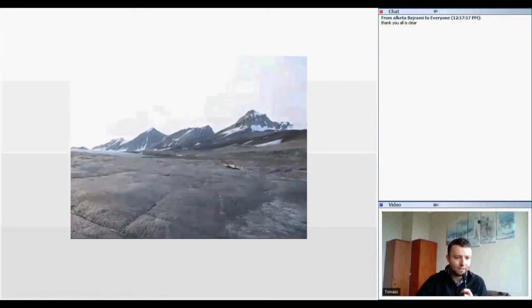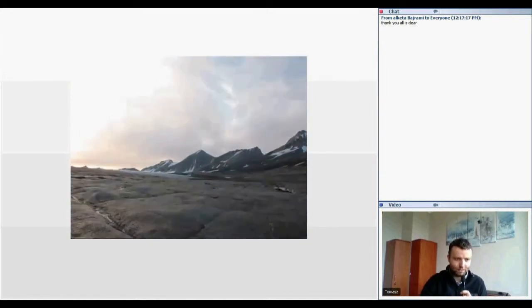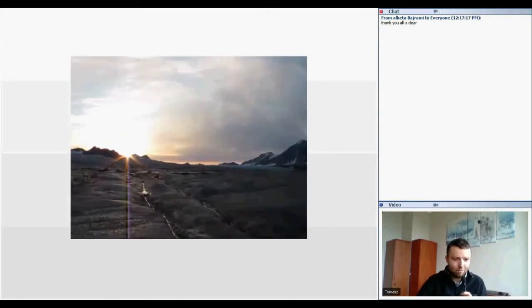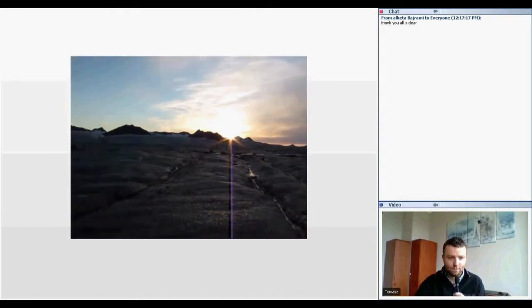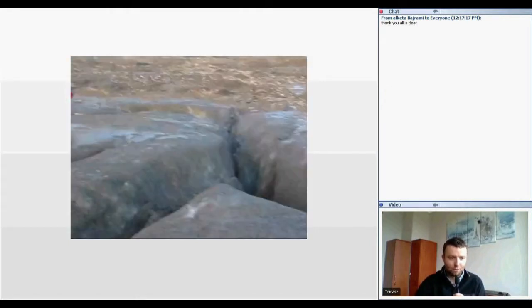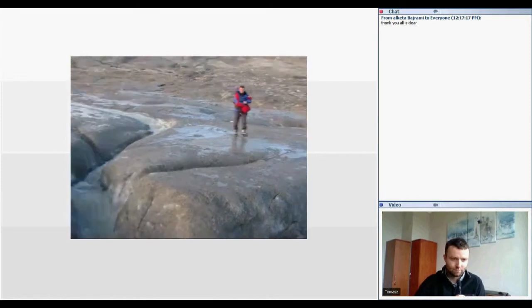And here is the surface of the glacier. As you can see, there are many streams during summer when the snow and ice melt. There are many supraglacial streams that flow on the glacier surface. And they can fall into such a moulin as here.